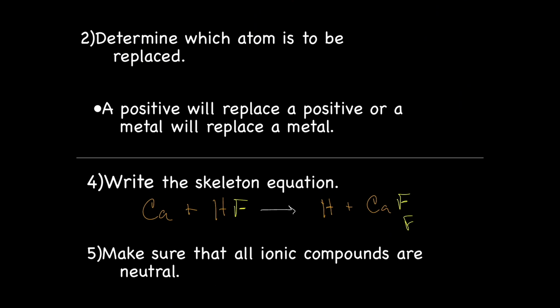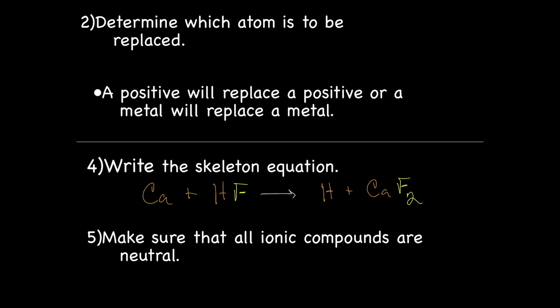Get rid of that stuff. All right. CaF2. Now, the next thing you have to look at is diatomics. So anytime we write a single atom, we've got to check to see if we have a diatomic.